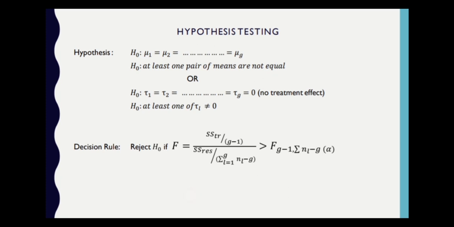Bila reject H-naught, what can you conclude? Okay, when H-naught is rejected, we can say that there are significant difference of the variable among the G population.